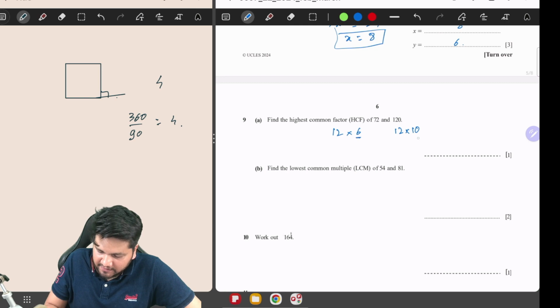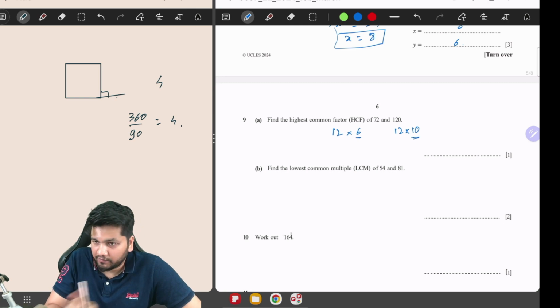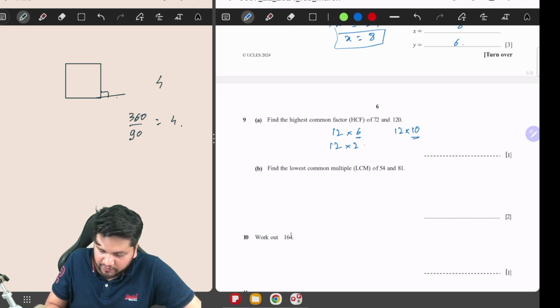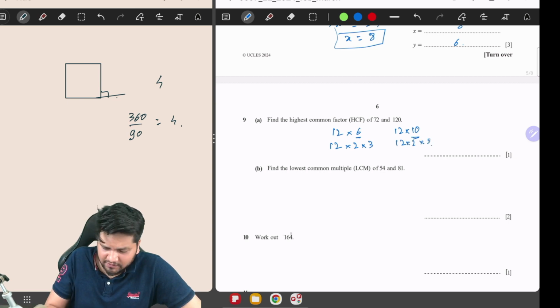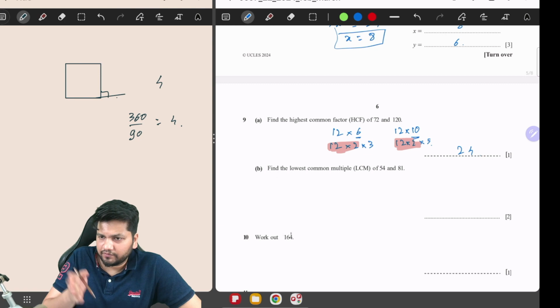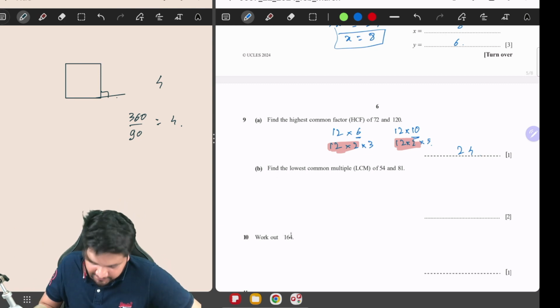But I can see 6 and 10 still have a common factor, 2. So this is 12 into 2 into 3, and this is 12 into 2 into 5. You don't have to do that much, I'm just showing it for you guys. So 12 into 2 is common, so the HCF is nothing but 24. If you want to verify, 24 times 3 is 72, 24 times 5 is 120.